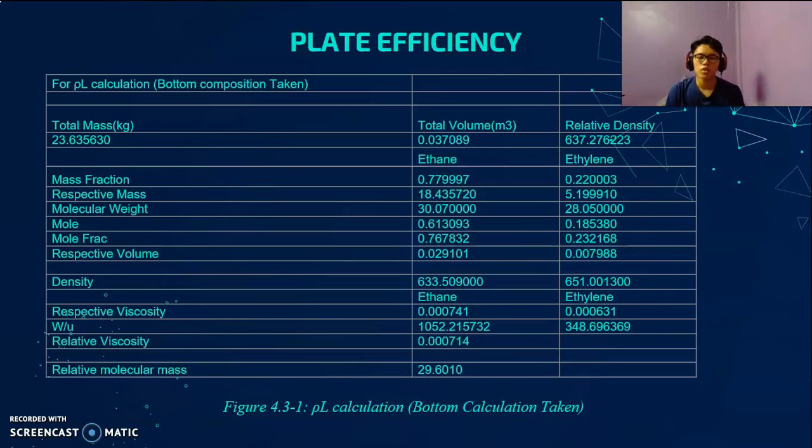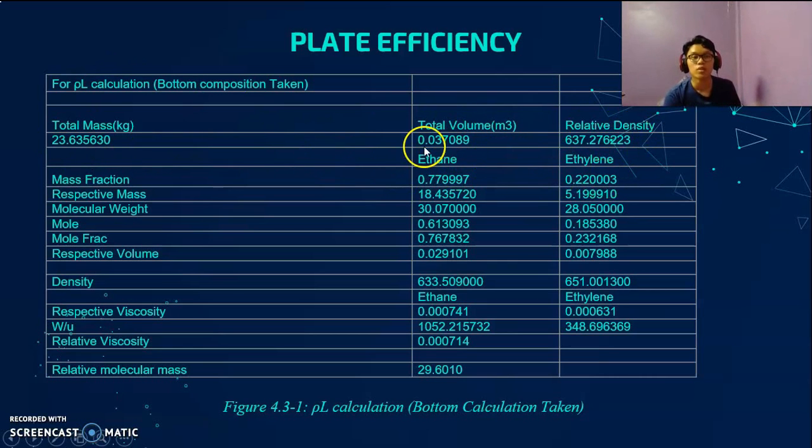So moving on to the plate efficiency. For plate efficiency, we get two tables here. The first one is for rho L and the second one is for rho V. So rho L is basically the liquid one, with the bottom composition taken, and rho V is for the top composition taken. This is the total mass of the bottom, the total volume and relative density.